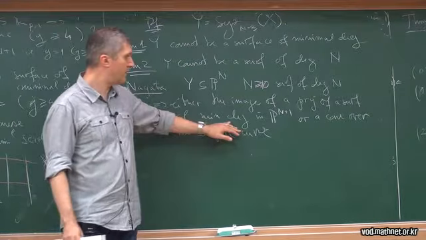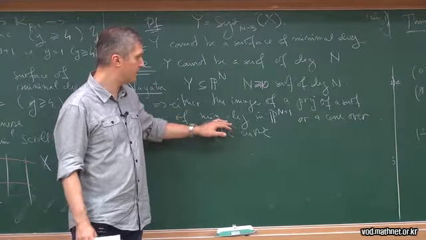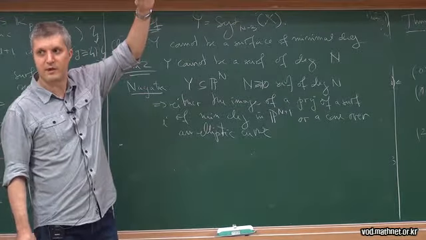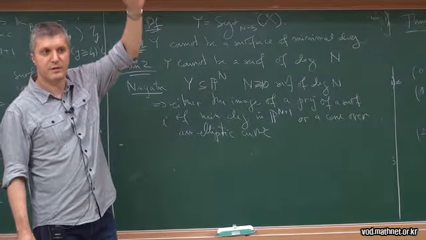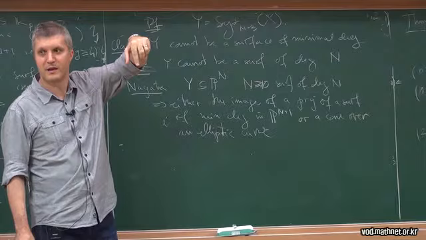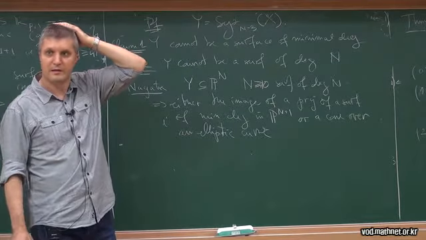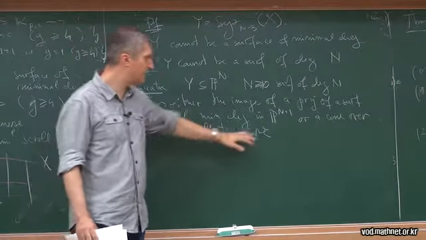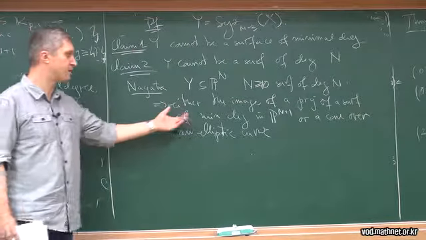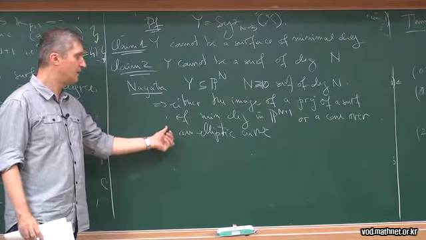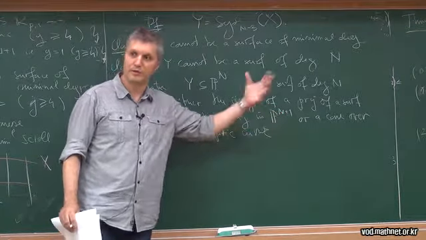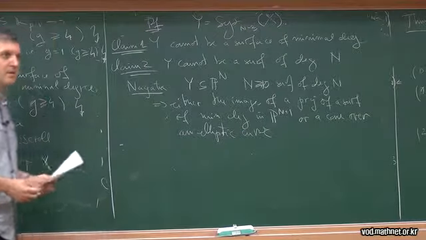Yeah, if you have a minimal degree surface in P^{n+1}, and you take a point which is not on the surface and you project, you get a surface of degree n in P^n. That's one of the cases. And the other case is the cone. So it cannot be a projection because the projection will not be linearly normal. And this will prevent also the curve to be linearly normal.